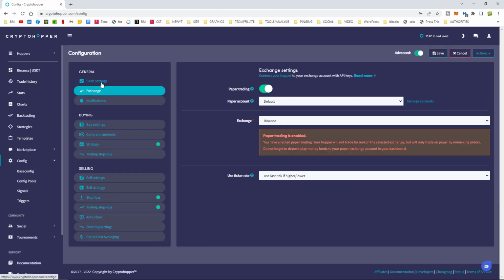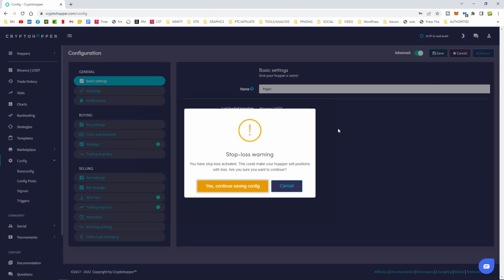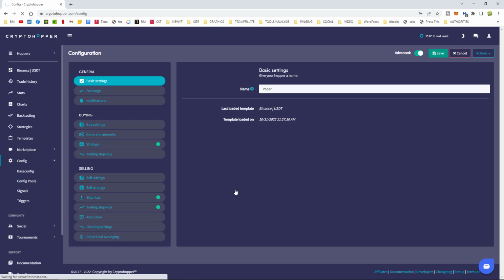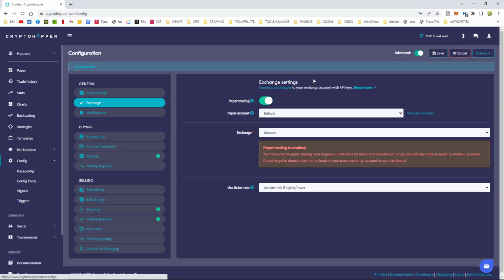Now then, let's have a look through all these settings. Give your bot a name. I always call it paper trading, so I know which account is which. Save it. Okay, that's saved. Exchange is Binance, paper trading, yep.